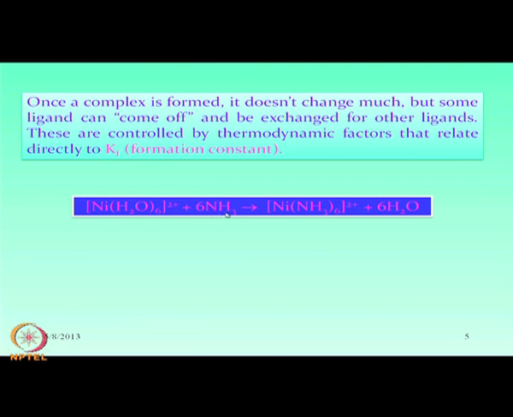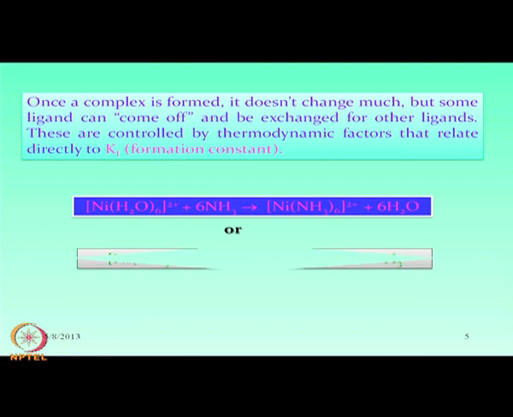That means one after another, amine molecules are coming and substituting the 6 water molecules already present on the nickel 2 ion, giving rise to the binding of 6 ammonia molecules to the nickel center, with the removal of 6 water molecules.